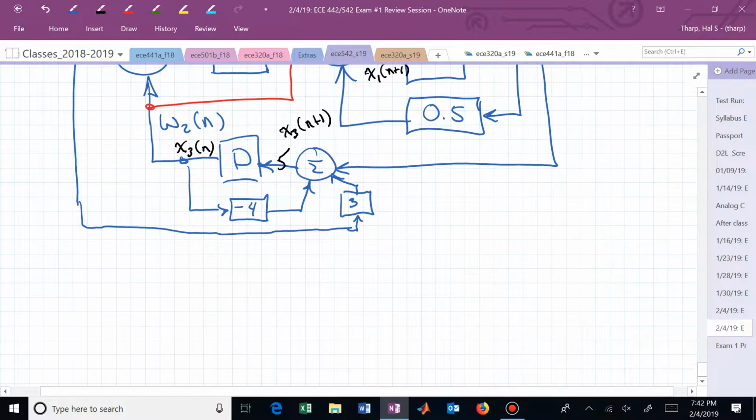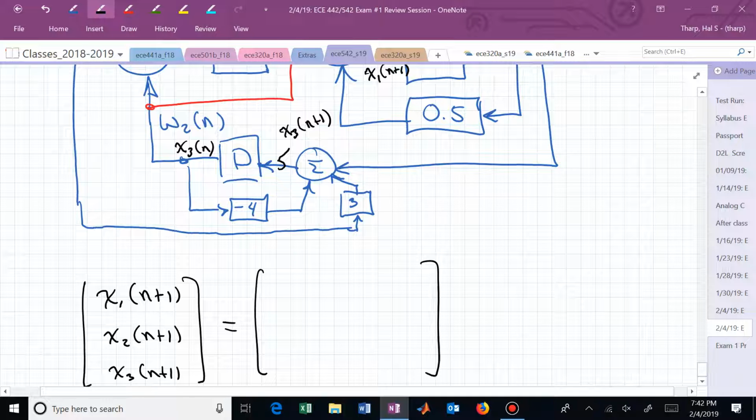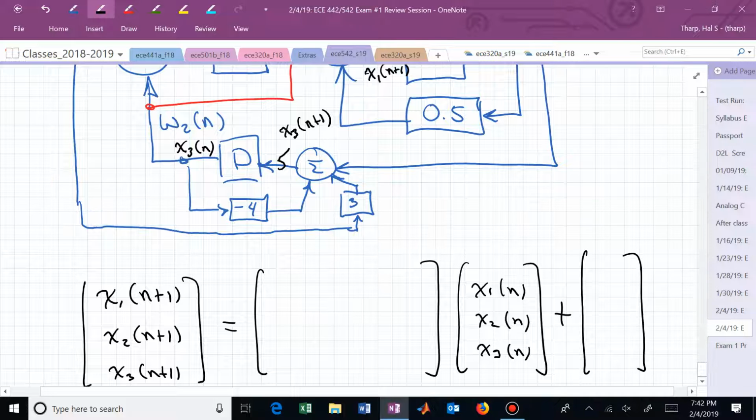And I can now say that x1 of n plus 1, x sub 2 of n plus 1, and x sub 3 of n plus 1 are some linear combination of x1, x2, and x3 at n plus u of n.